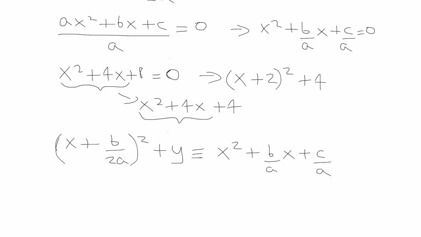Now, we know that when we expand this bracket here, we're going to get x squared plus b over ax, because that will always be the case when we put in half of the x coefficient here. It'll always give us this first part correct. Then we're going to have b over 2a squared at the end. So b over 2a squared is b squared over 4a squared.